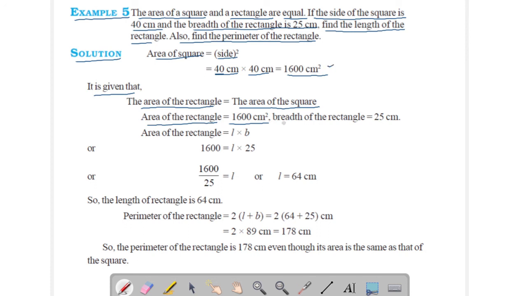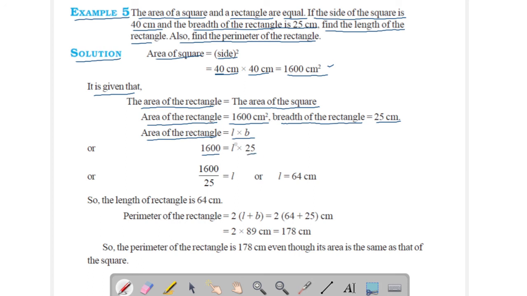Now breadth of rectangle is 25 centimeter. Here area of rectangle is given by length into breadth. Here area of rectangle is 1600, it is equivalent to length into breadth, given to you 25 centimeter.